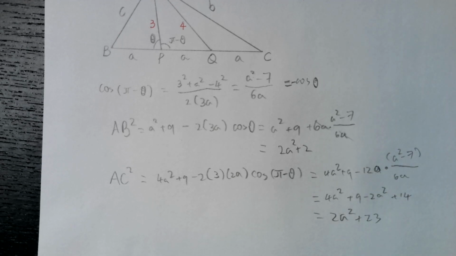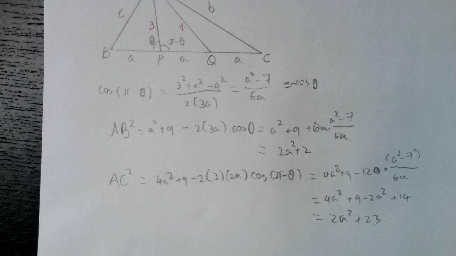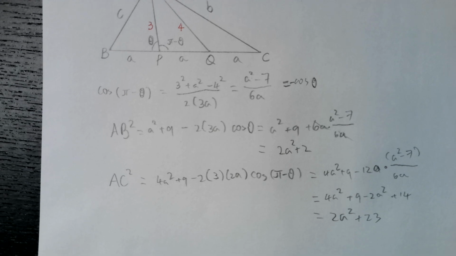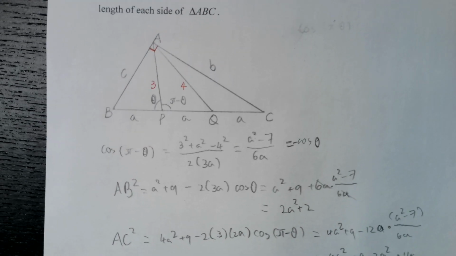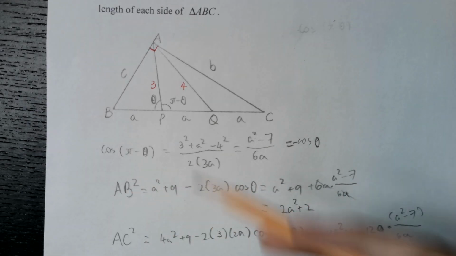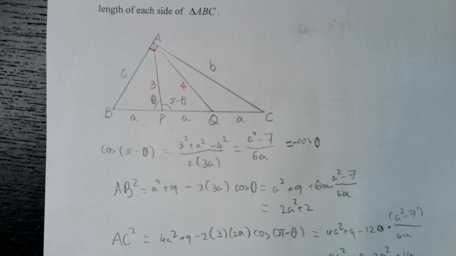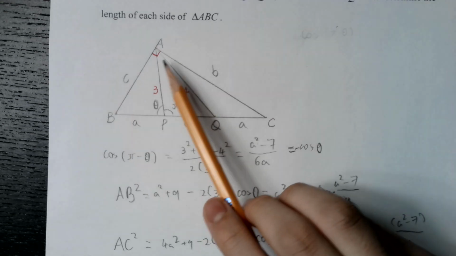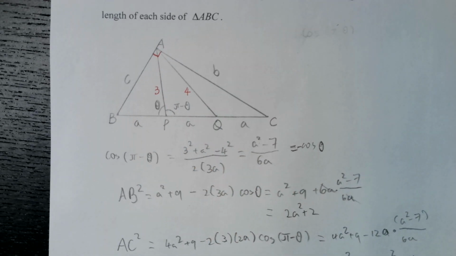So why did I just solve all of this? What's the purpose here? This is a right angle triangle, and we know that BC in terms of a is 3a, and now we know what AB and AC are, both in terms of a. Since this is a right angle triangle, by the Pythagorean theorem BC squared equals AB squared plus AC squared.